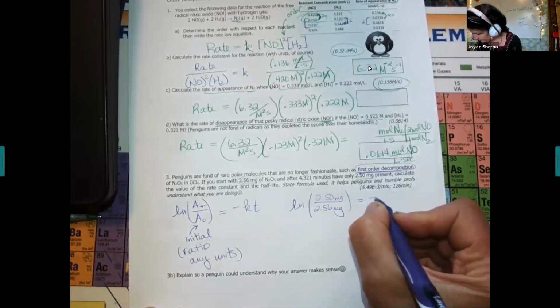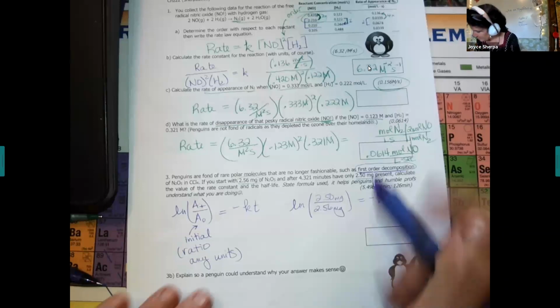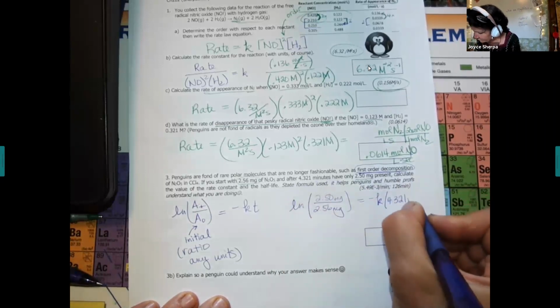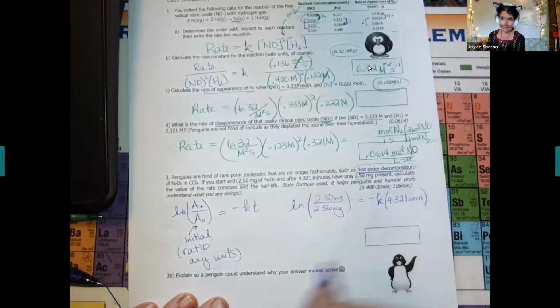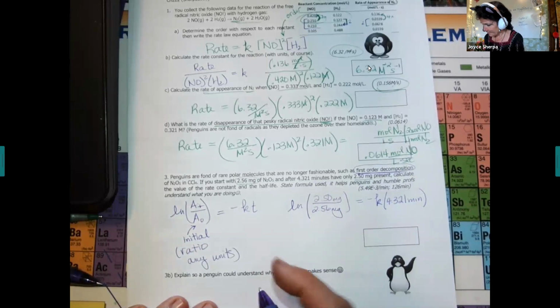And then that will equal negative k, and this was our 4.321 minutes. So the units for time, if it's in minutes, you can keep it in minutes. You don't have to always go to seconds. Sometimes it will be hours, sometimes it will be years. Just go with whatever the problem gives you.